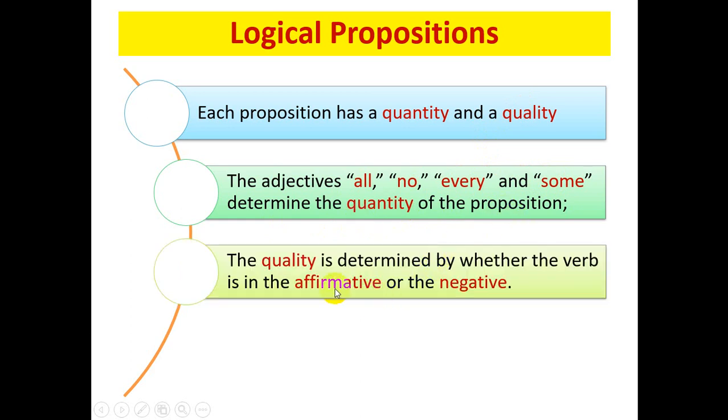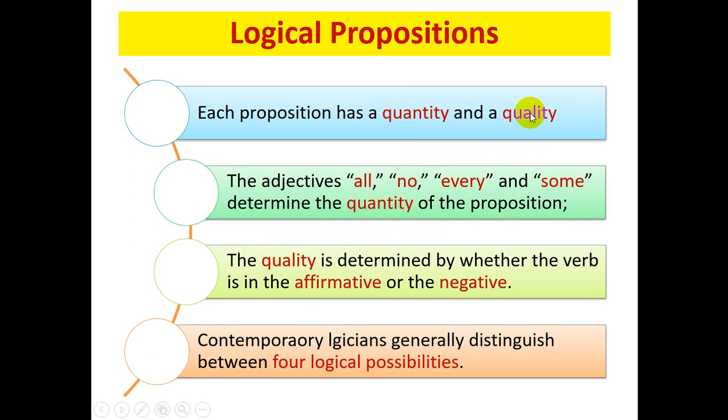But the affirmation or the negation of the proposition or the statement determines the quality of the proposition. So we can know the propositions or the statements by using the quantity and the quality.